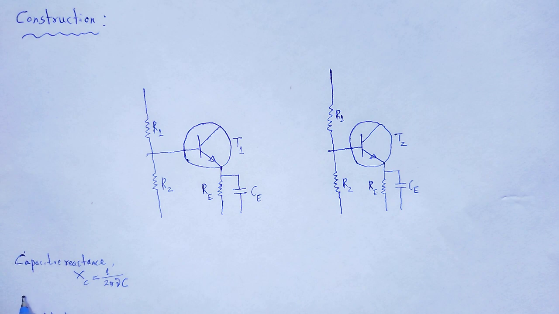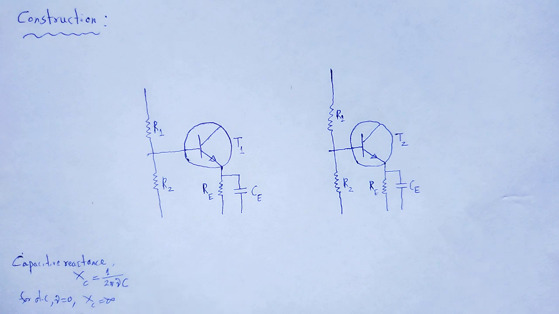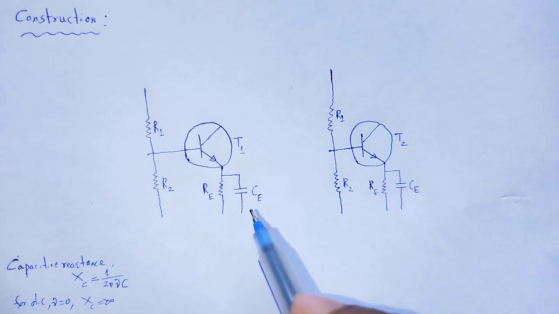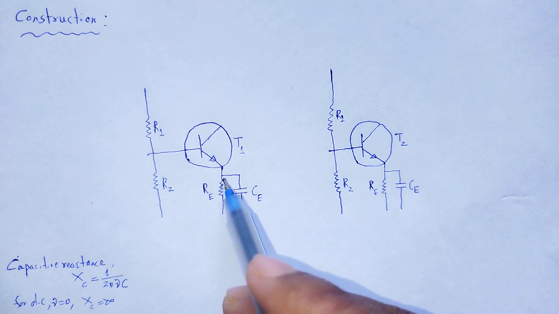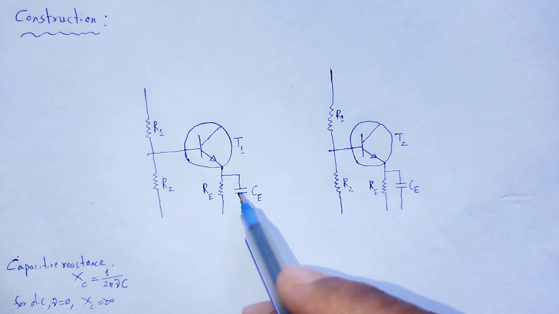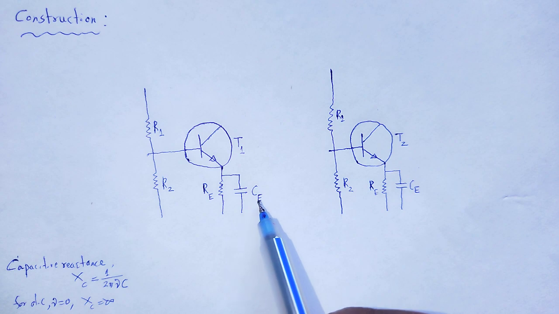For DC, nu is equal to 0, therefore Xc tends to infinity. That expression indicates that the capacitor acts as a filter. It passes AC through it and opposes the DC signal. For that reason we use CE.